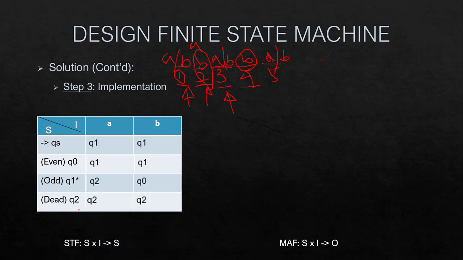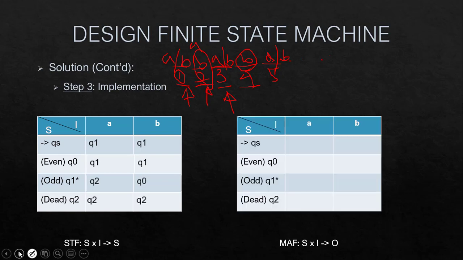And when we reach Q2 state, it will stay in the same state. When we have to design our Mealy machine, we need to make sure that wherever Q1 is appearing, we will give it as Y for yes, and wherever Q1 is not appearing, that is if it is Q2 or Q0, we will put it as N, that is no, the input is not valid.